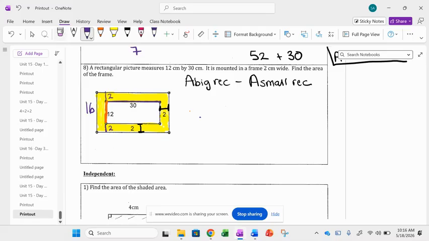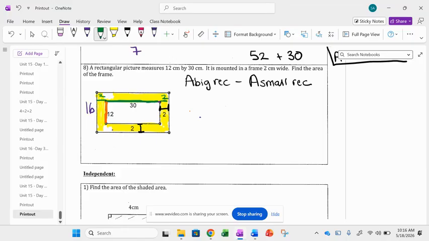Okay, now I need to find the base of the big rectangle. Now the base of the little rectangle is 30. But then I told you it's 2 centimeters wide. So aren't I adding 2 to the right and 2 to the left?